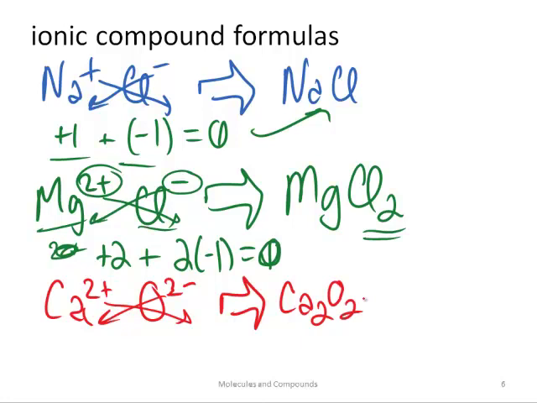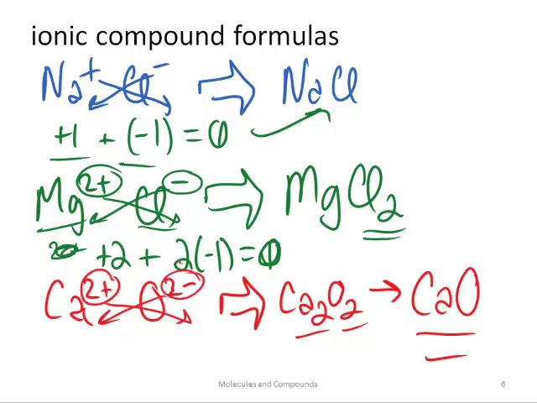And then, so far we haven't used it, but remember there was that rule that we have to reduce our subscripts to our lowest whole number ratio. Since they're both divisible by 2, this turns into a CaO compound, both with 1s. Because you can see that a 2+ and a 2- will completely cancel each other out. You don't need 2 of each.